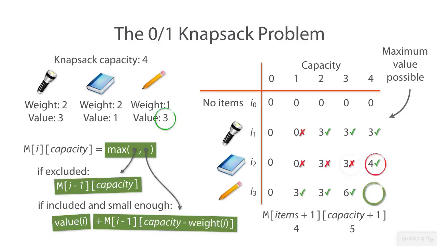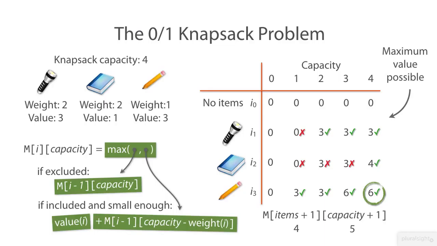Also, this subproblem has a maximum value of 3, and added to the pencil's value of 3, we again obtain a total of 6. We choose that over the solution with value 4 from the red circle, and conclude this table filling by writing 6 in the last cell and mark that we do include the pencil in this case.